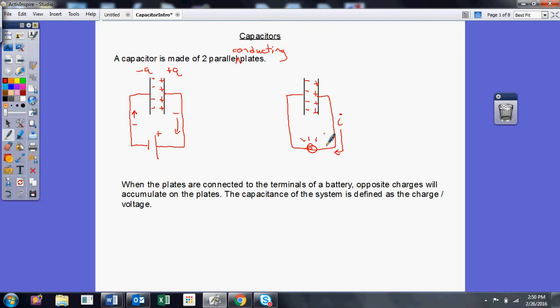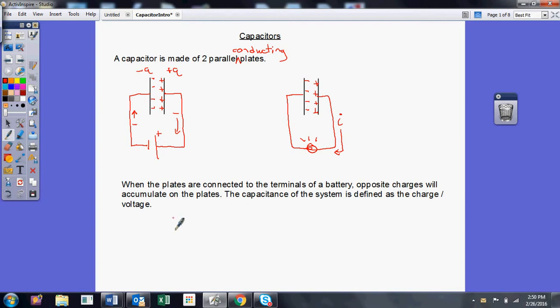The physical properties of the capacitor, like we did in our simulation, determine how much charge it can hold per voltage on the battery. And so the definition of capacitance is the charge per unit voltage.